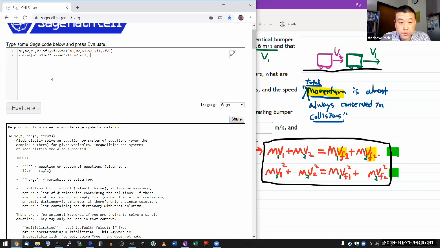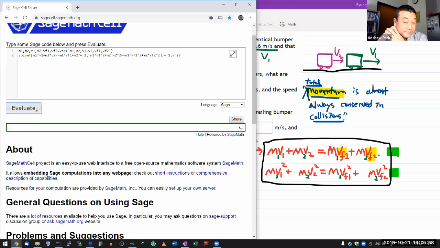I need my second equation: m1 times v1 squared plus m2 times v2 squared is equal to m1 times v final 1 squared plus m2 times v final 2 squared. All right, that's my system of equations, and I want to solve it for v final 1 and v final 2. Let's see what it does.